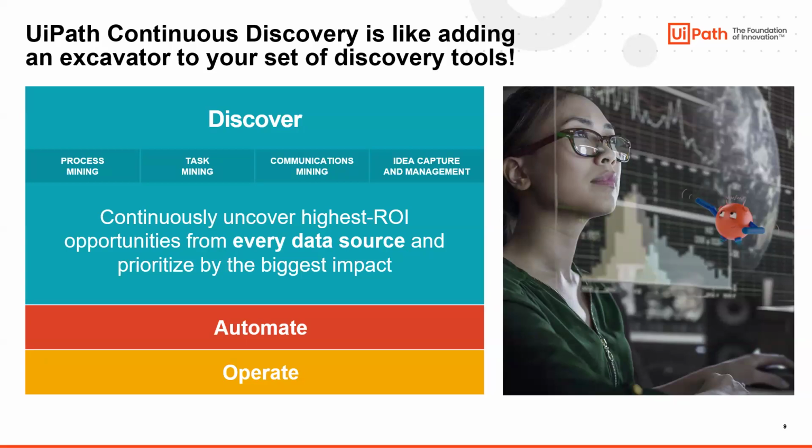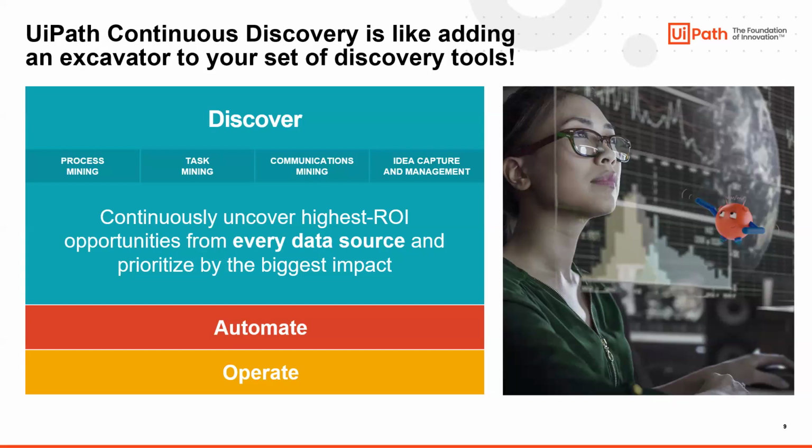Communications mining is a natural language processing tool. With the help of AI, it helps you understand different kinds of communication. It categorizes all the conversations that are flowing into your channel to help you better understand what kind of request my customer is reaching out with the most. And then you have idea capture and management, which is your automation hub.